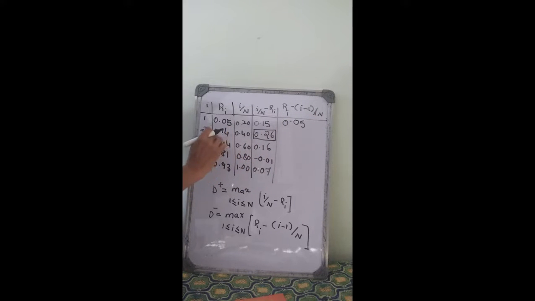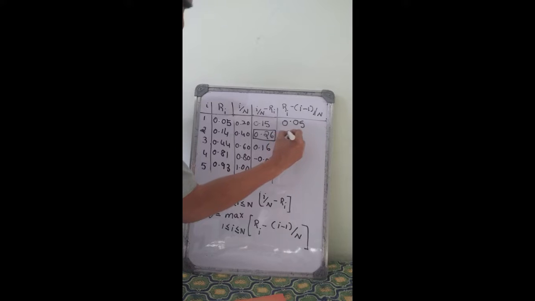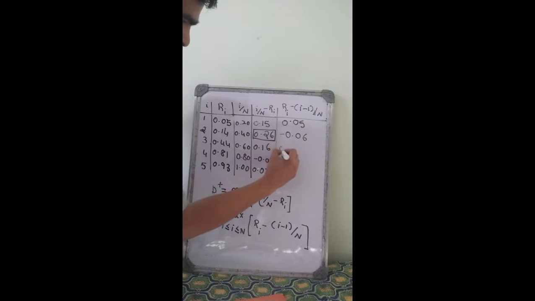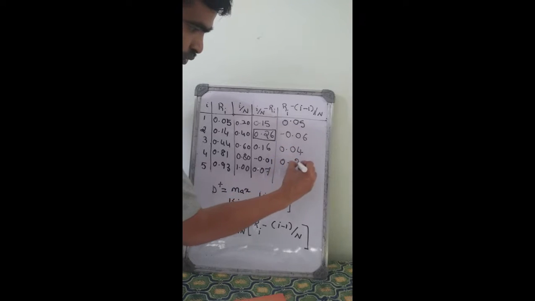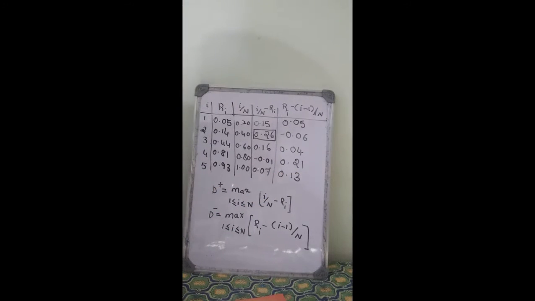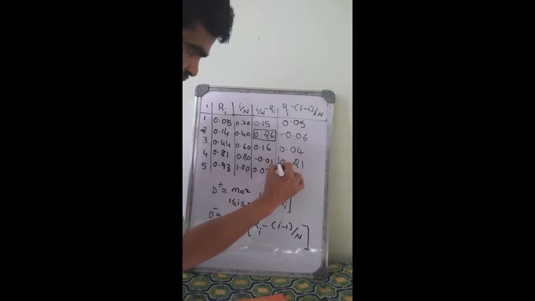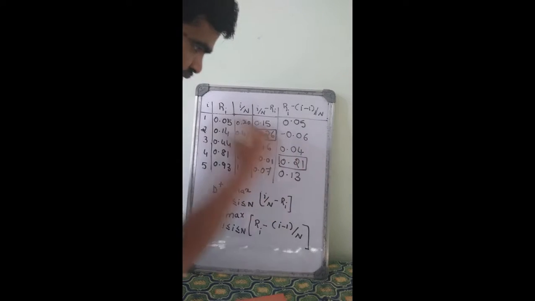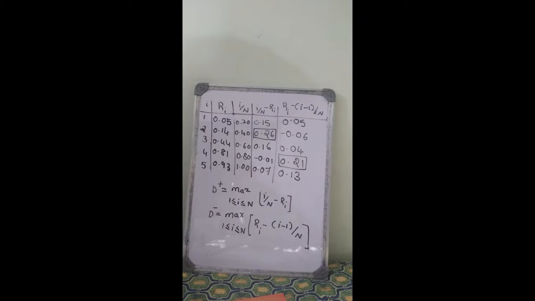Second one, Ri is 0.14, 0.14 minus, i value is 2, 2 minus 1 by 5, so from this you will get 0.04. Then 0.21, then 0.13. Like this you are going to find out the values. So from this list, what is the maximum value? 0.21 is the maximum value.